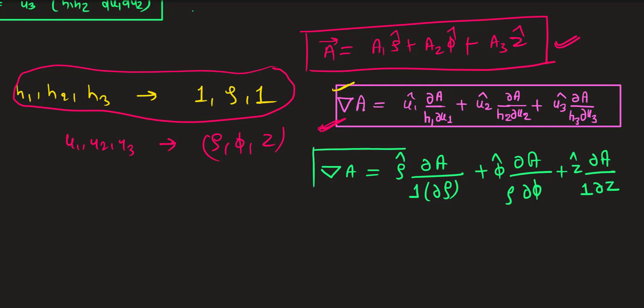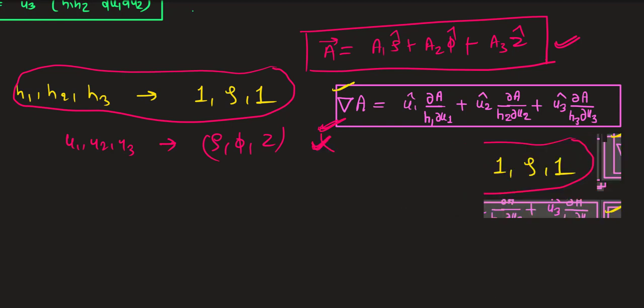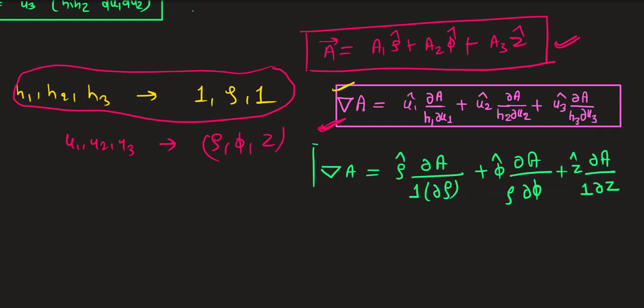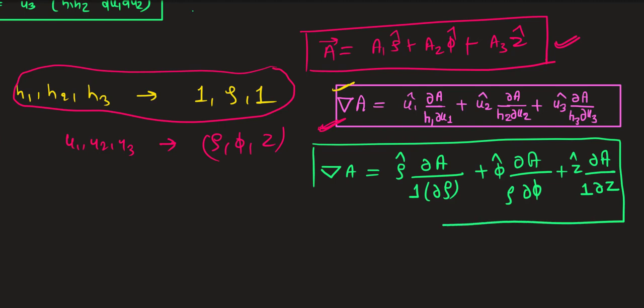So this is very simple. Now we have converted the general formula for gradient into the formula for a particular coordinate system, our cylindrical coordinate system.